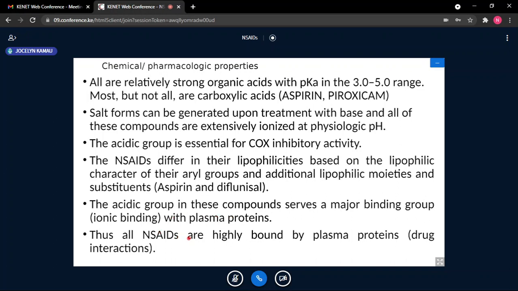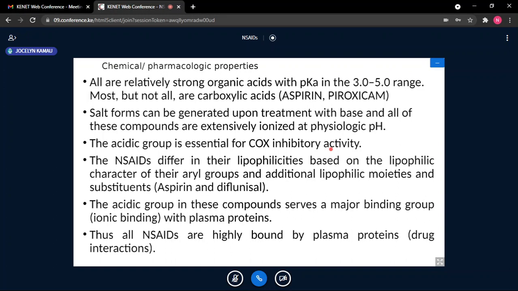Thus, all non-steroidal anti-inflammatories are highly bound by plasma proteins and can bring about drug interactions. That's another point. Drugs which are bound to plasma proteins, you must be very careful when you give other drugs concomitantly, when you give other drugs together or concurrently.